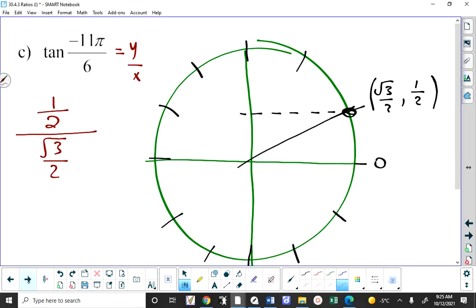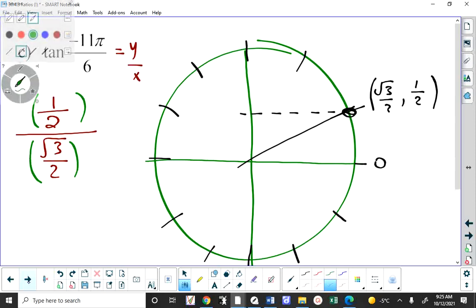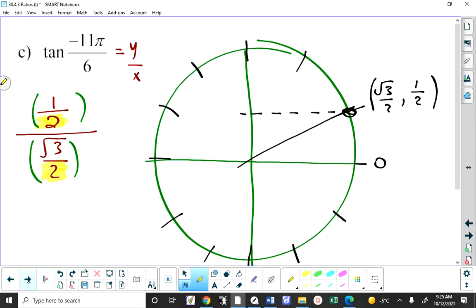So what you do instead is you say to yourself, my goal is to get rid of these little mini denominators. I don't like them. I don't want them. They're making things confusing. So I'm going to multiply the top and the bottom by 2. What happens is these two 2's cancel, these two 2's cancel, and you're left with 1 over root 3.